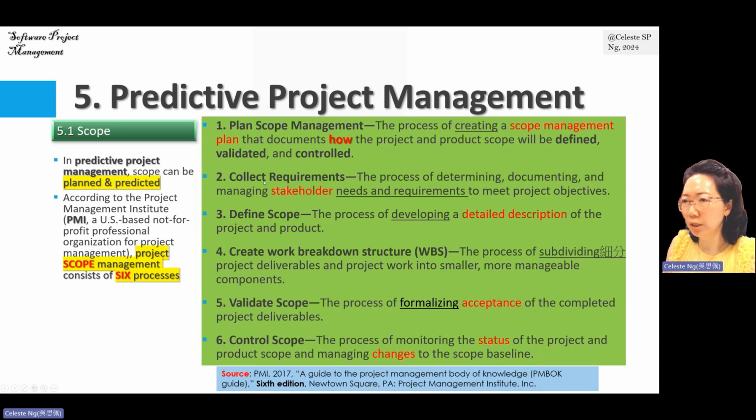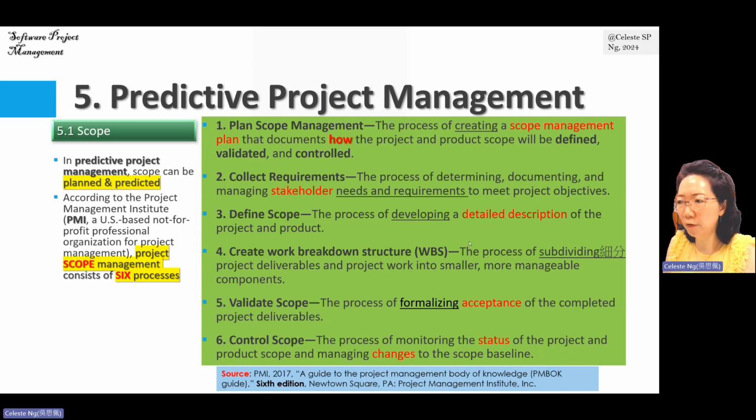So in this second process, we are going to collect requirements from all the stakeholders involved. And then the third process is called define scope. Here, what we are going to do is develop a detailed description of the requirements that we have collected in the prior process, which is collect requirements. So in define scope, we develop a detailed description of what each requirement is.